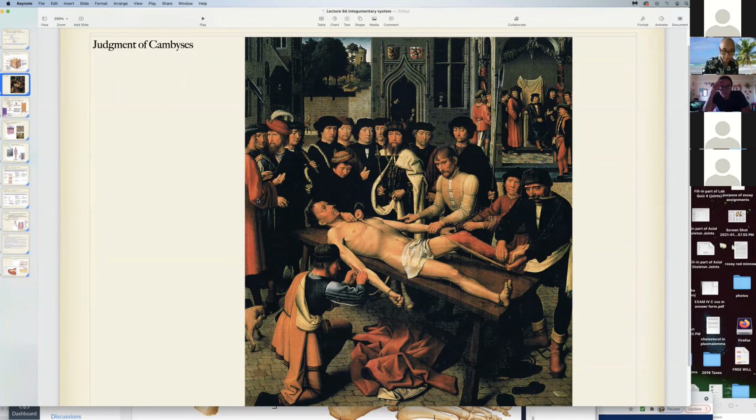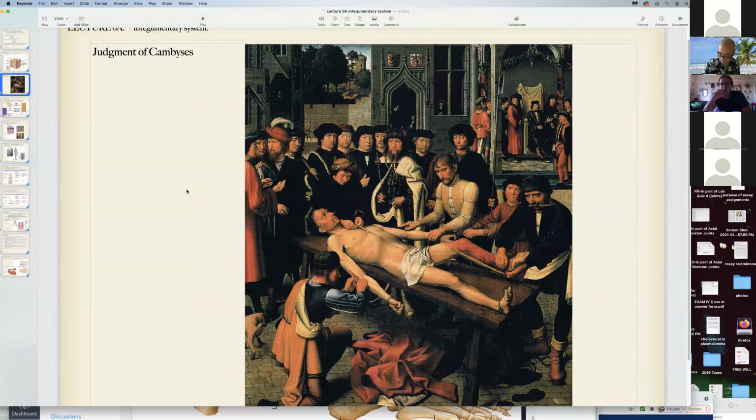Back around the 1500s, the painters in Europe, southern painters are the ones in Italy, and the northern painters are the ones that will be doing these types of paintings.